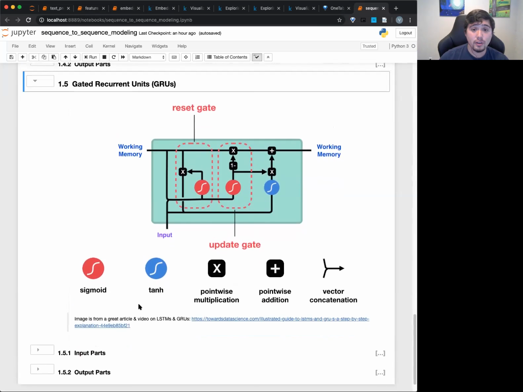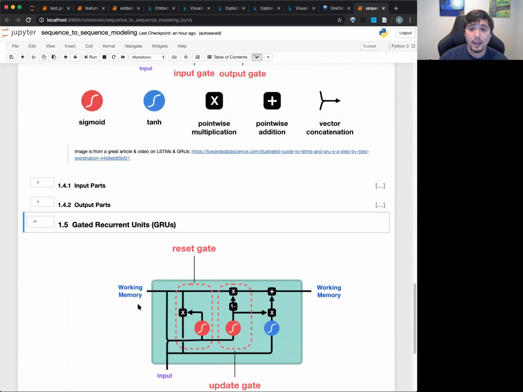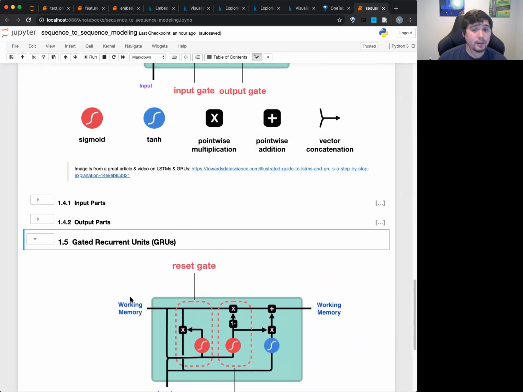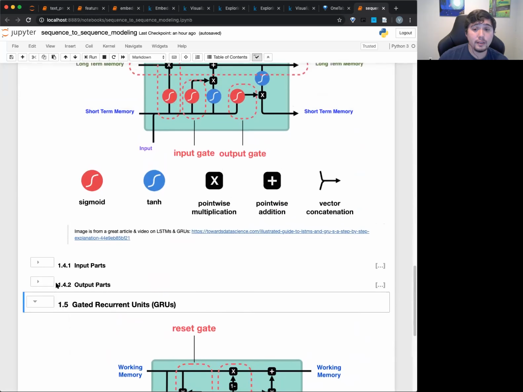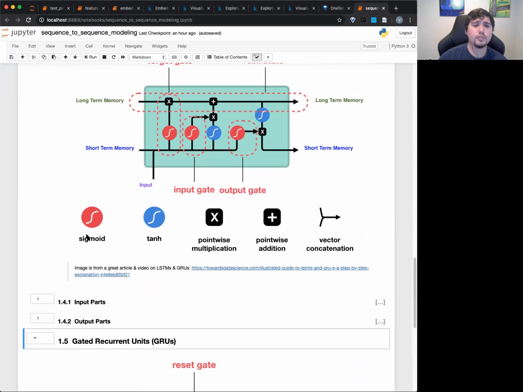Do you guys have any overall questions about sequence models, recurrent neural networks, LSTMs? The main thing is, if you try to implement an LSTM in the curriculum, you're basically just calling another function that does all this for you.